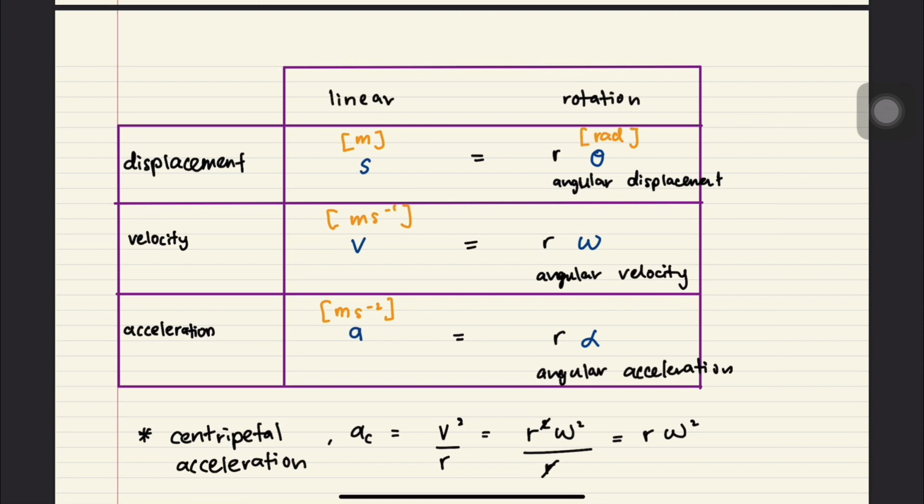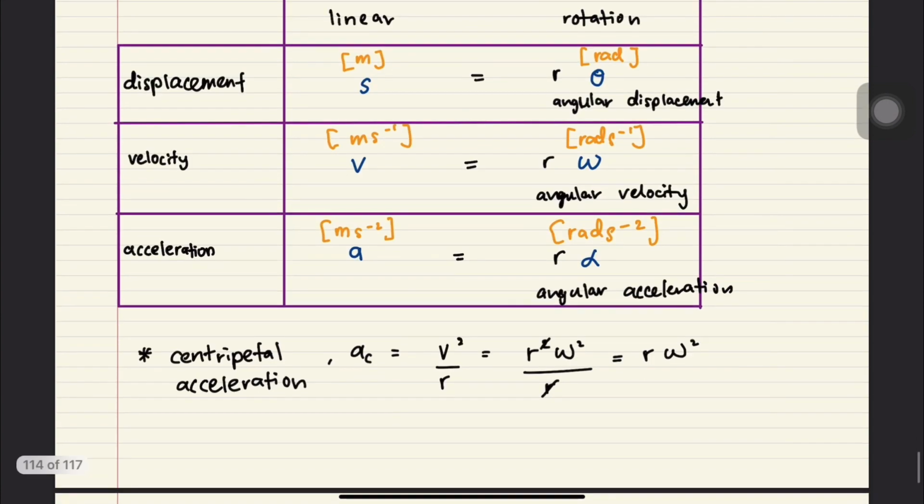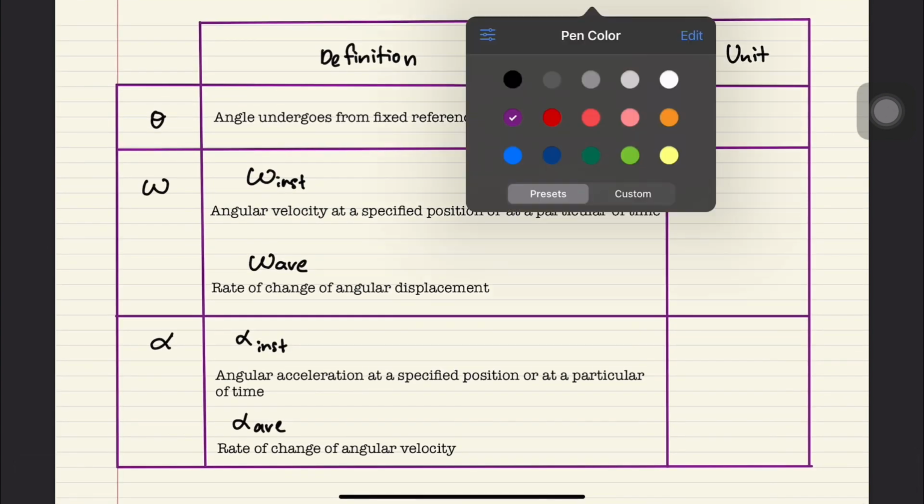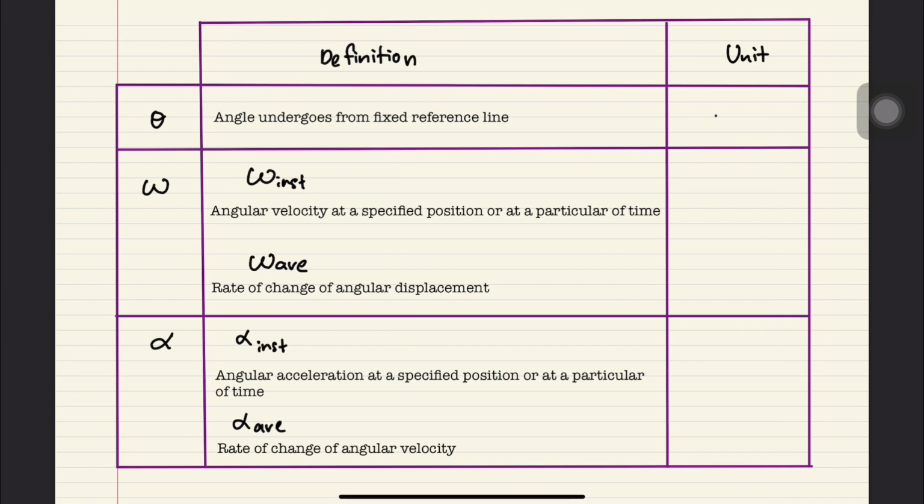The SI unit for angle is radian, and this one becomes radian per second. So again, you can see it's very similar to the velocity here. This one meter per second, this one radian per second, and this one is radian per second square. I just copy those units and write them over here: radian per second, radian per second square.